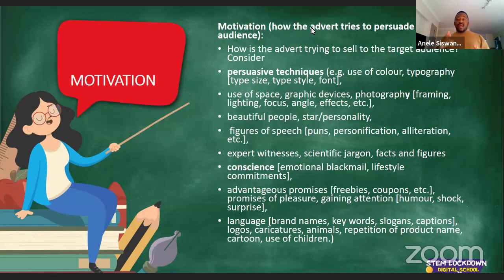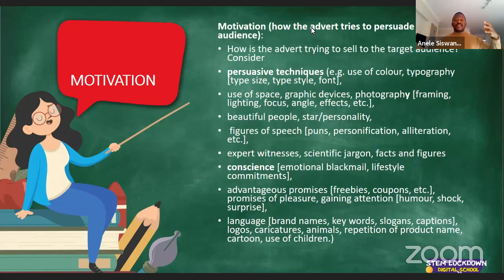And then consider persuasive techniques. That is use of color, typography, type size, style type, and font. That immediately should be one of the things that persuade as a matter of technique. Use of space, graphic devices, photography, that is framing, lighting, focus, angle, effects, and all of that.